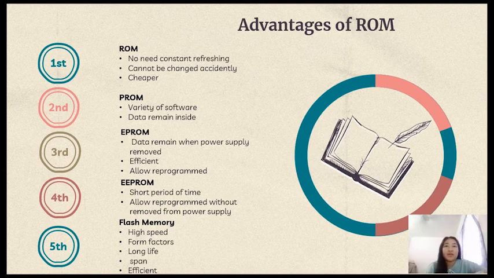Besides that, it also has a longer lifespan, which is up to 10 years or more, and they are still continuously working to improve its reliability. And lastly, it is efficient, where it does not consume much energy to work and does not produce any sound at all while working. Thank you.